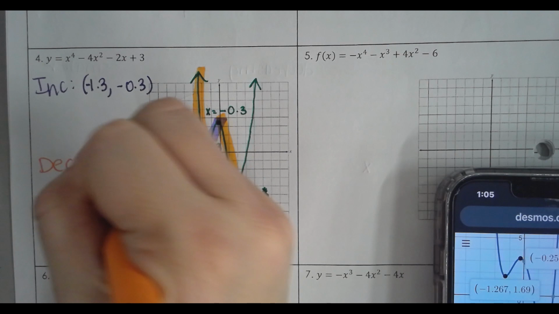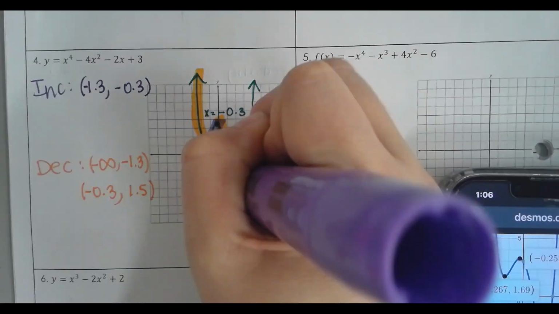Now 0.3, and I stop at, negative infinity, nope, I stop at 1.5. I didn't put that one. From 1.5 to negative infinity. Very good.